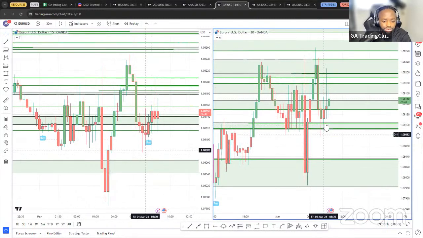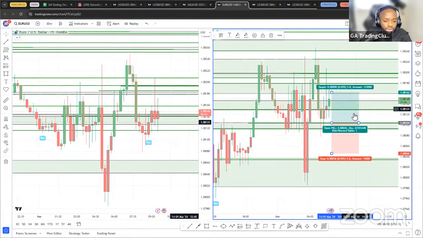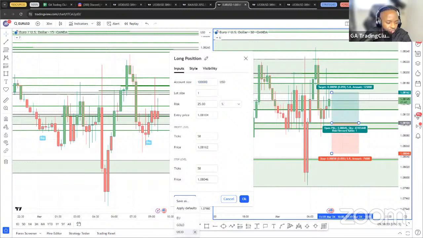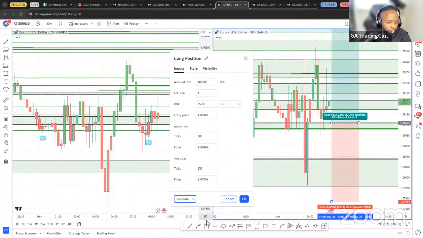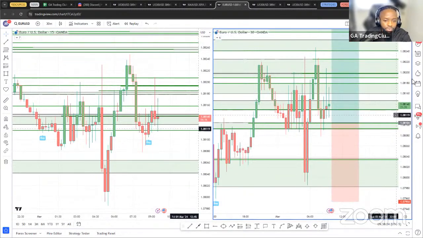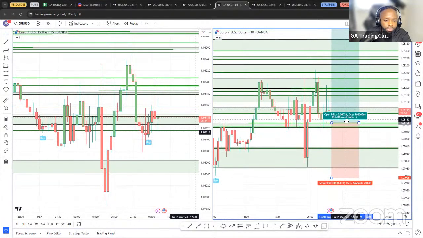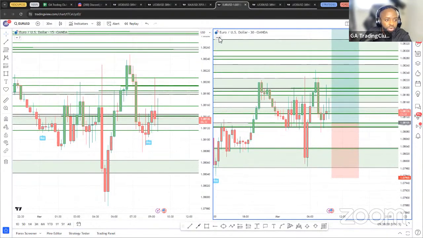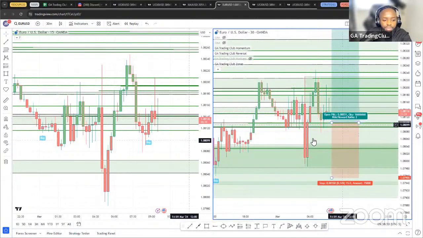Here on the 30-minute time frame, there is a test and rejection based off of this entry or this zone right here, this SAR zone. And it's a trade I was looking at before the market opened. So what we would want here, if we turn on the zones indicator, is to see where the buyers are sitting.